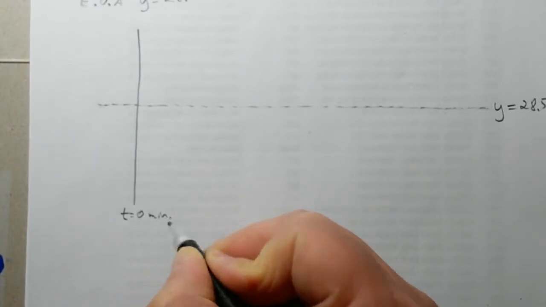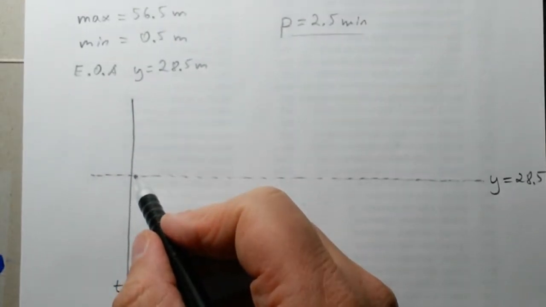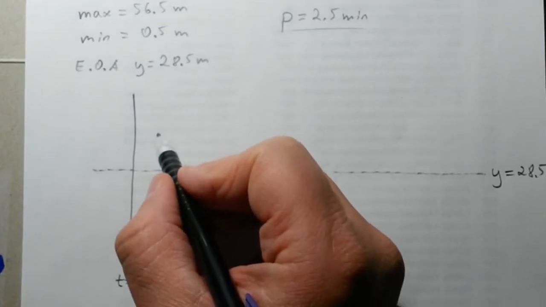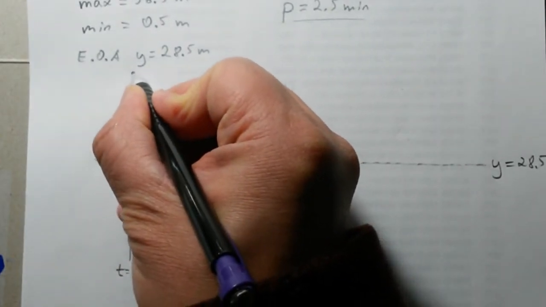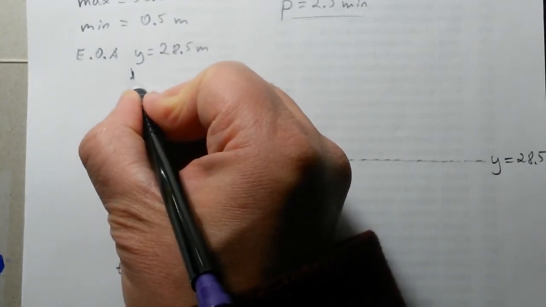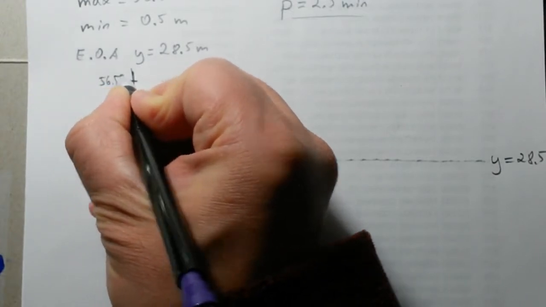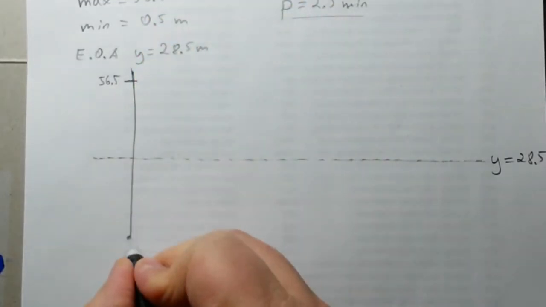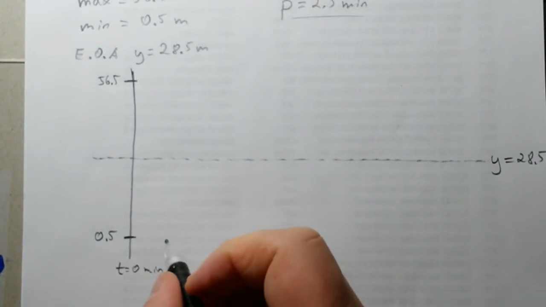minutes. Okay. Over here, we know that the maximum will be 56.5 meters. Let's extend this a little more. 56.5, that's our maximum, and our minimum, about the same distance more or less, will be 0.5.